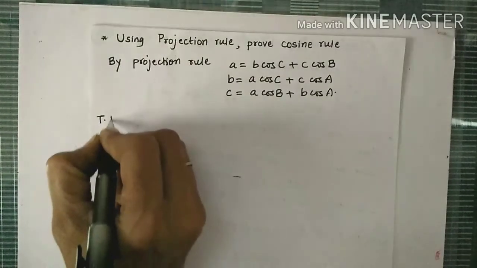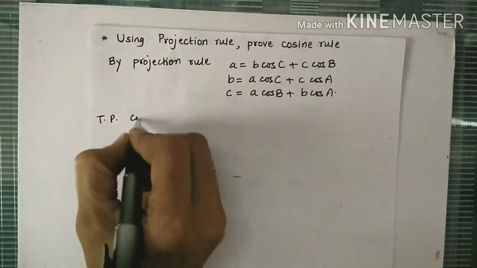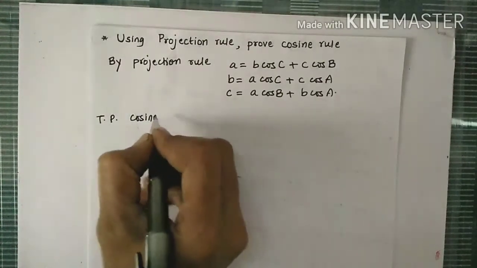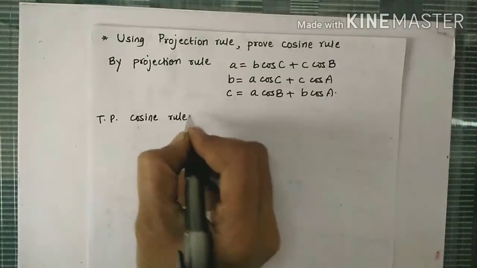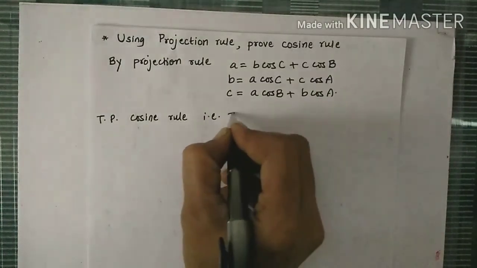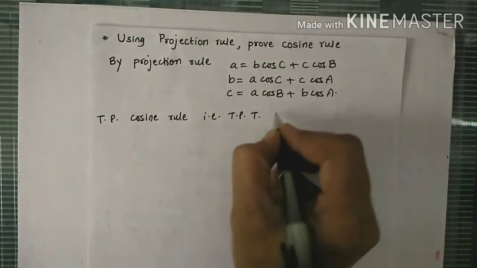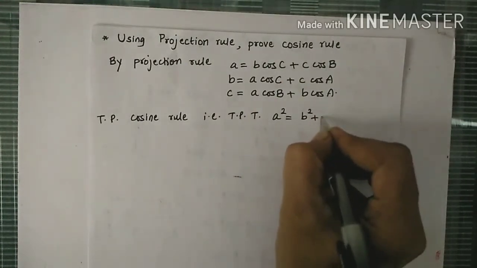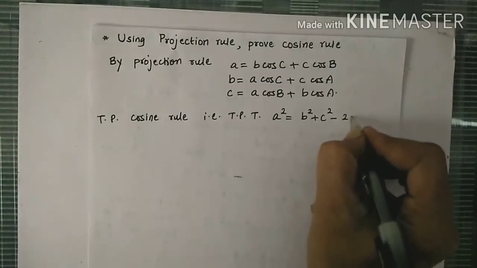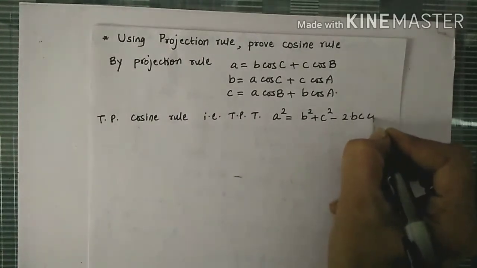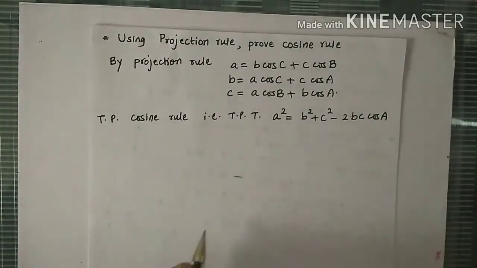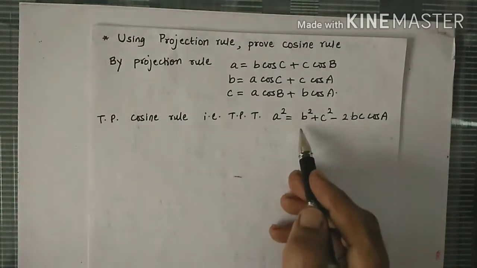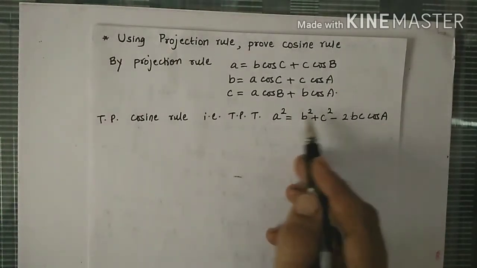To prove cosine rule, that is to prove that a square equal to b square plus c square minus 2bc cos A. Or we can write it as b square plus c square minus a square.